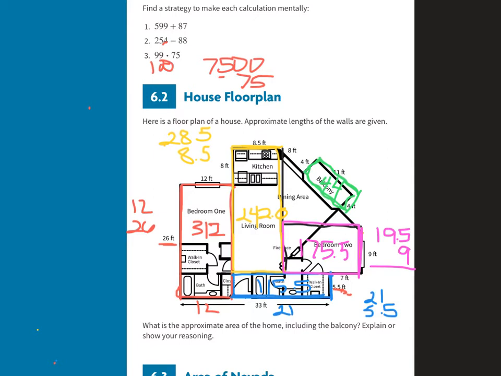And then I have this little triangle. So the triangle is still 19.5 on the bottom. So let's change this color to light blue. So this length right here is 19.5.